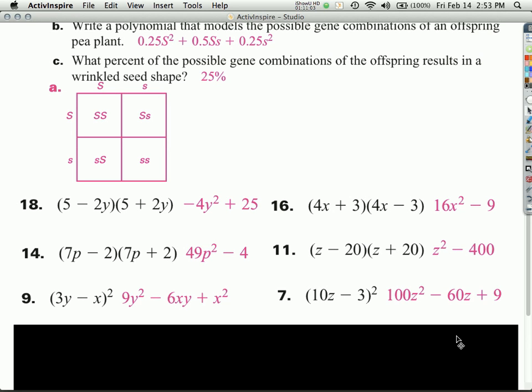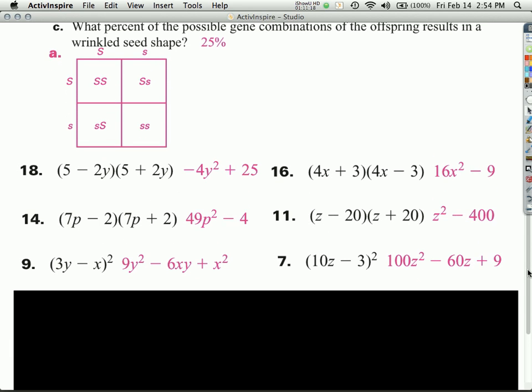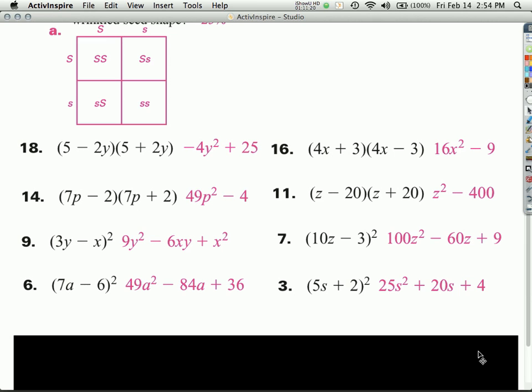It's a little bit tricky because of a couple of variables, but still the same idea. 9y squared minus 6xy plus x squared. Number 7, 100z squared minus 60z plus 9. And number 6, 49a squared minus 84a plus 36. And number 3, 25s squared plus 20s plus 4. Hezekiah and then Brandon.